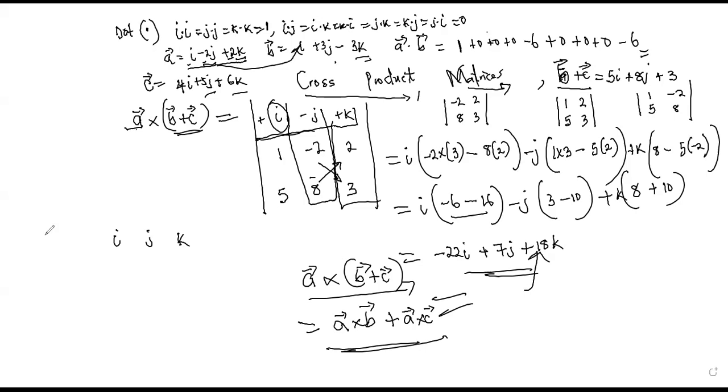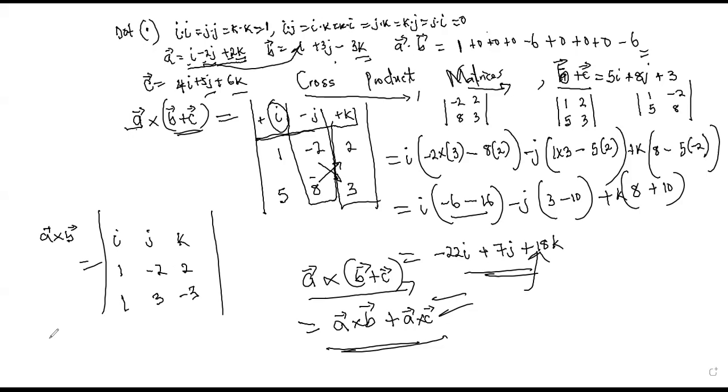So what I'm trying to say is that for ijk of A cross B, this vector, you take the determinant of A, which is 1, minus 2 and 2, then with B. Our B was what? 1, 3, and then minus 3. Good.